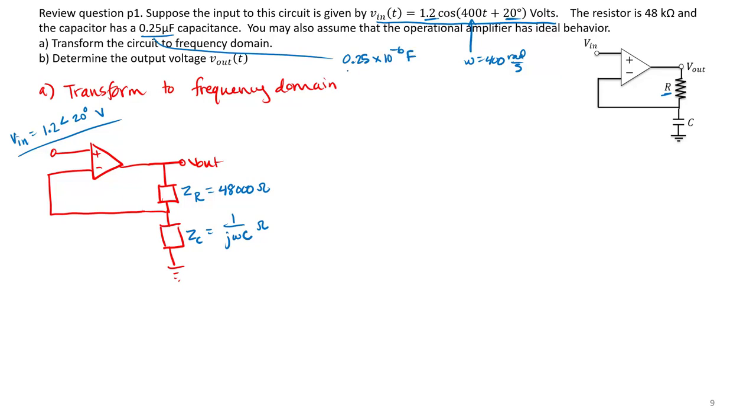Remember, being mindful of units, that's 0.25 times 10 to the minus 6 regular farads. So if we substitute that in, we'll determine our capacitor has an impedance of 1 over j times 400 times 0.25 times 10 to the minus 6 farads. And if we plug and chug, we get negative j 10,000 ohms.